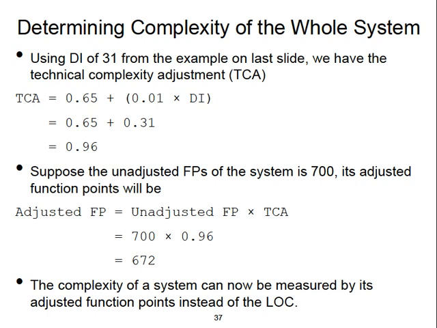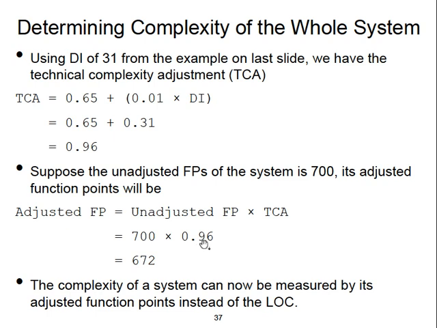If there's another system with the DI being 50, then we would have 0.5, and the TCA will be 0.65 plus 0.5, which is 1.15. If we multiply the TCA by the unadjusted FP, we get the adjusted FP.